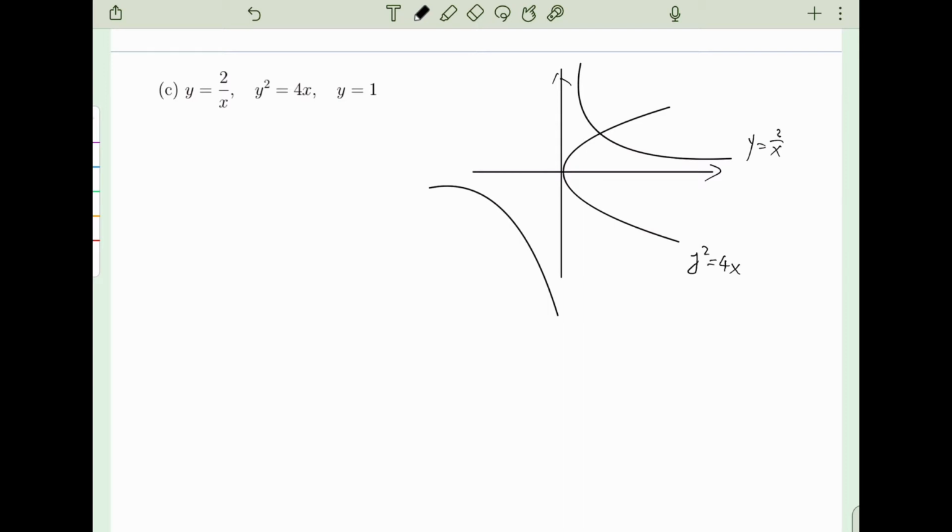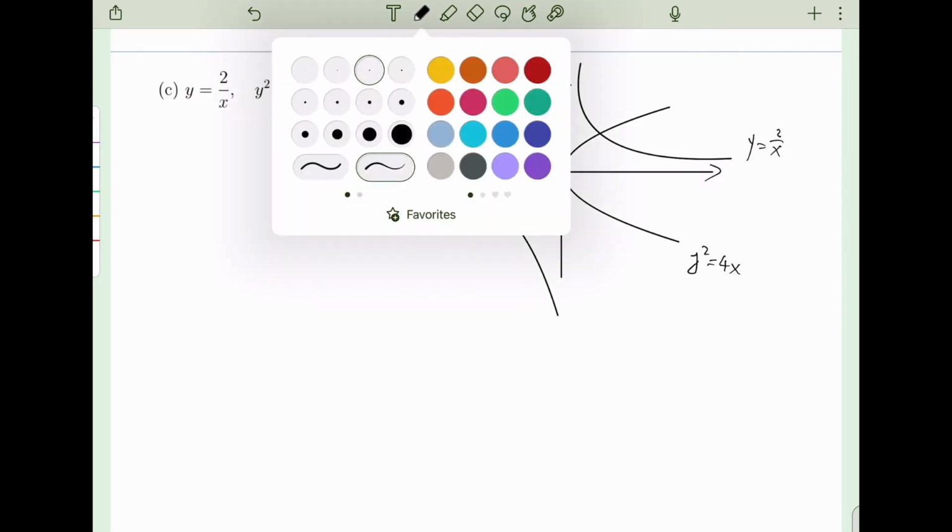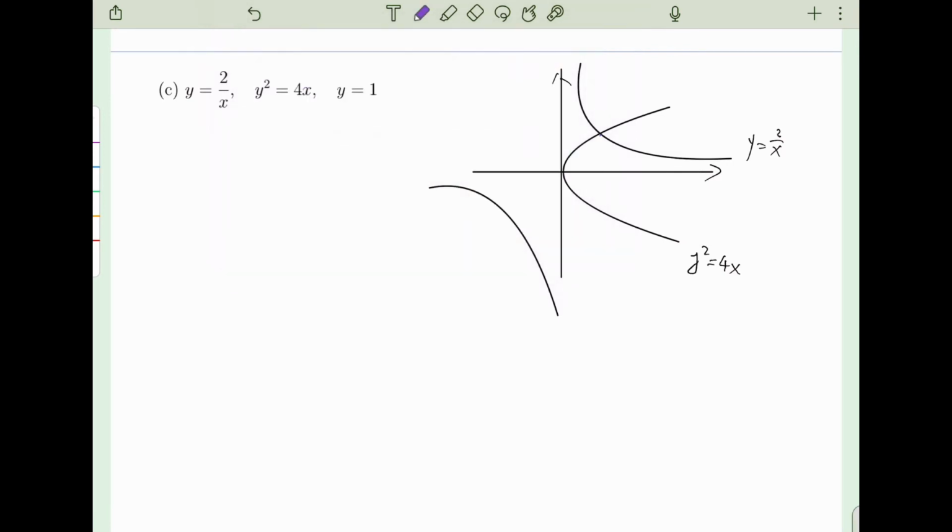Before I draw y equal to 1, I want to figure out this intersection so that I can get the position of y equal to 1 correct. To know this point, I can plug this y into here. So I will have 2 over x, squared, equal to 4x, which gives me 4 divided by x squared equal to 4x.